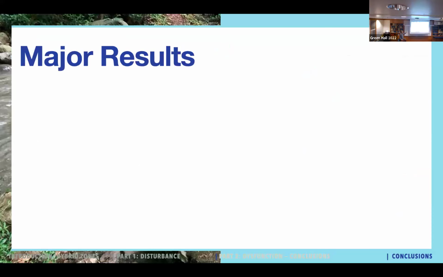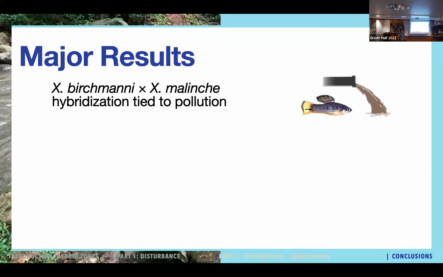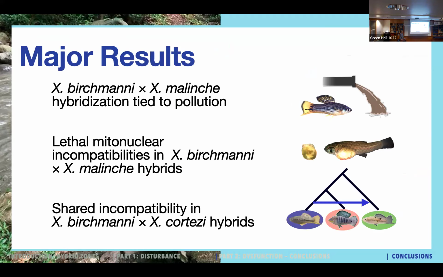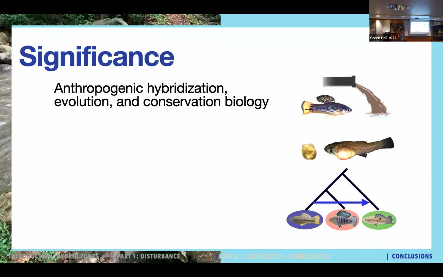So now to walk it back to both parts, I found that this hybrid zone's existence is tied to pollution, and that these mitonuclear incompatibilities are some of the strongest barriers on a hybrid fitness level that are separating these species. And I think a really cool thing that someone else could follow up on later is this whole shared incompatibility concept. And why do we care about this?